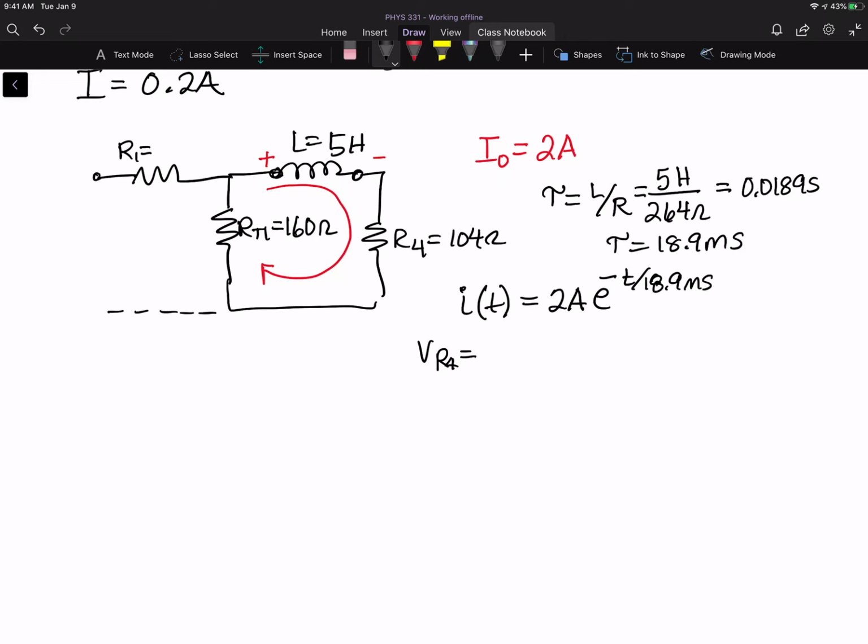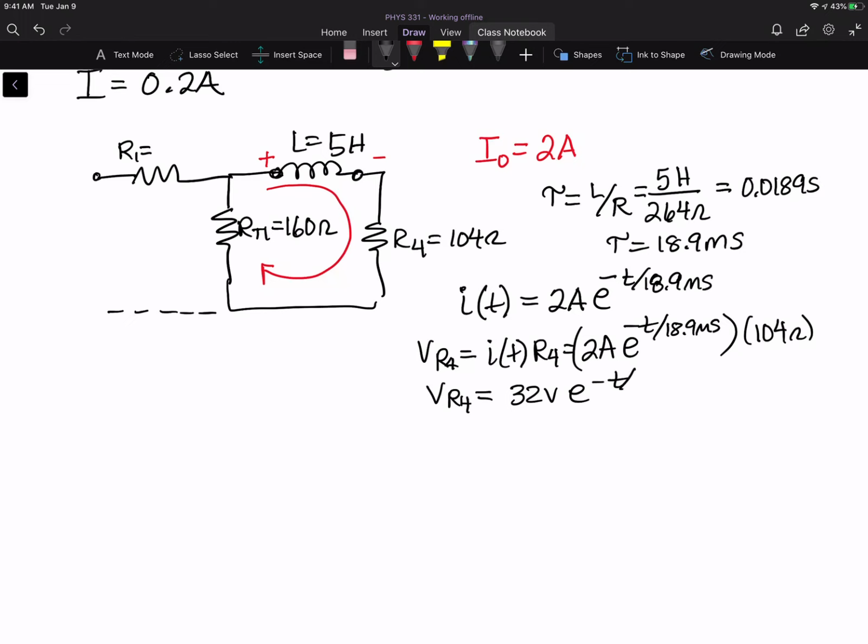So across resistor 4, it would be the current times the resistance. So this would be 2 amps e to the minus t over 18.9 milliseconds times 104 ohms. So the voltage across resistor 4 would be 32 volts e to the minus t over the time constant.